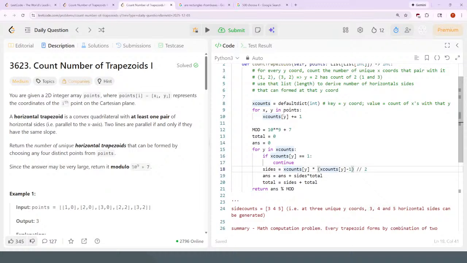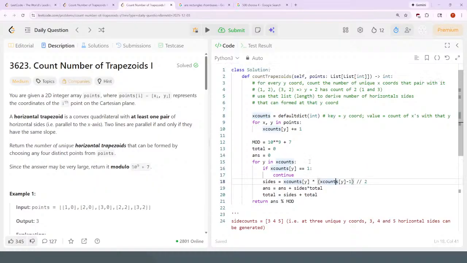So I leveraged the fact that it was dealing with horizontal only. So therefore I kind of skipped over calculating slopes. Interesting.